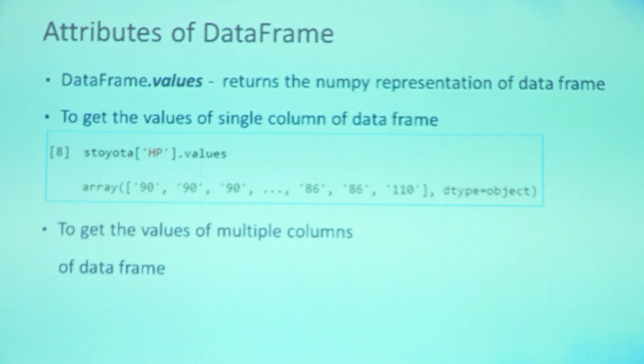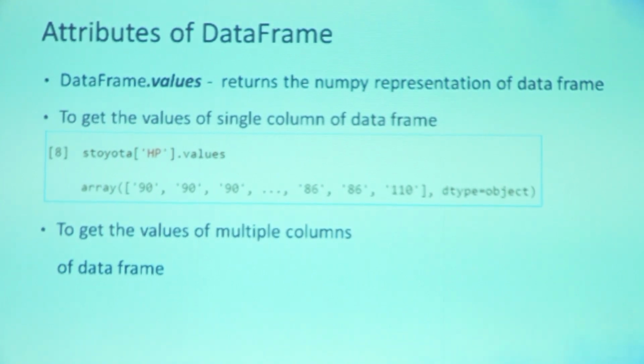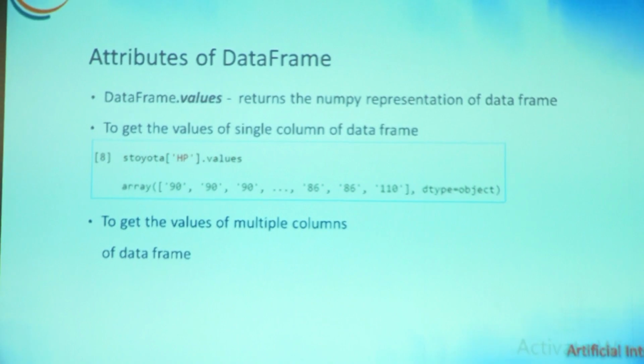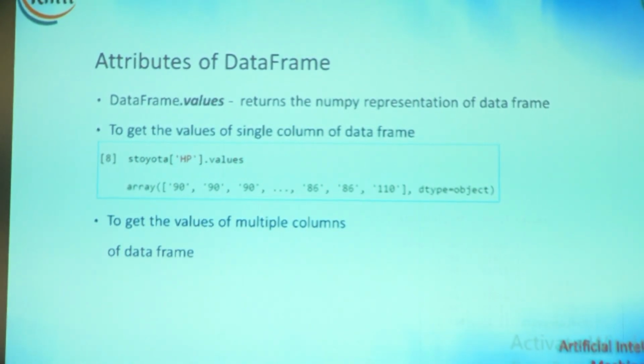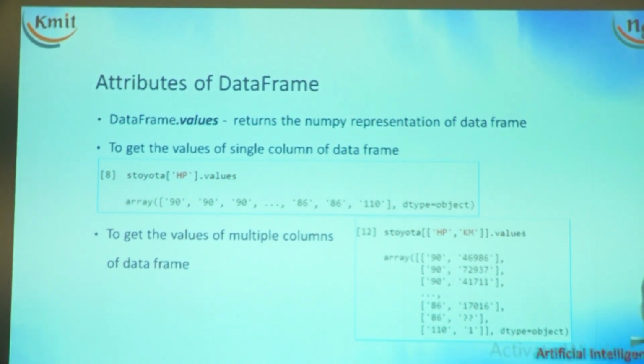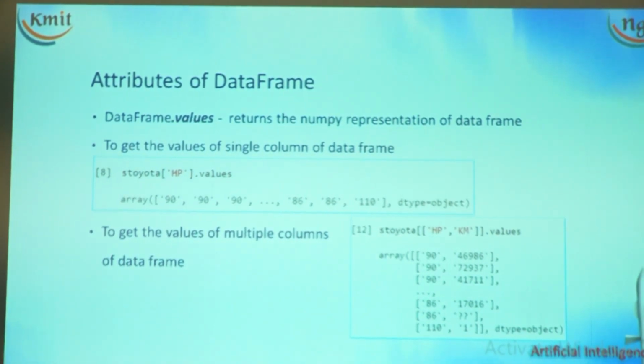Now, to get the values of multiple columns, what do you do? If you want multiple columns, you can use a comma. Here I have taken HP and kilometer, please do that.